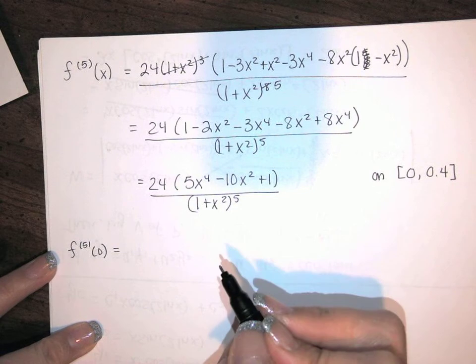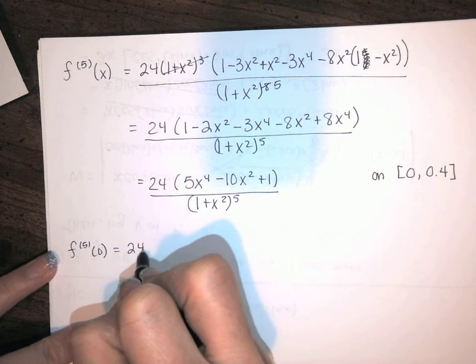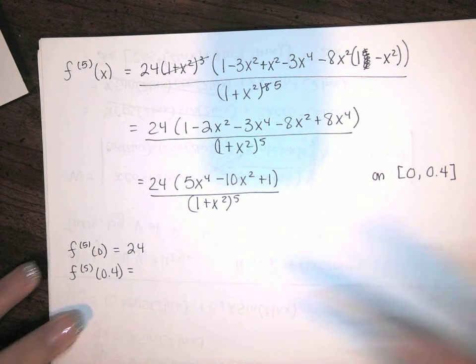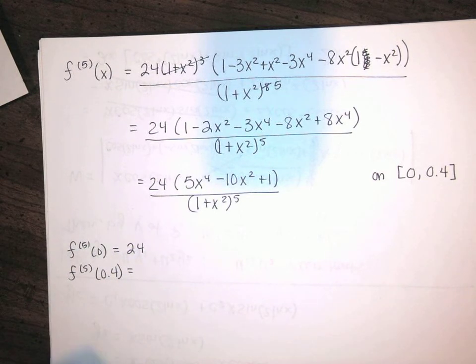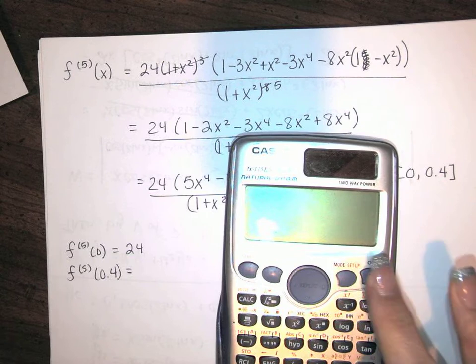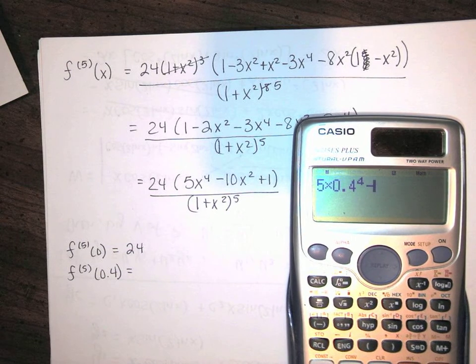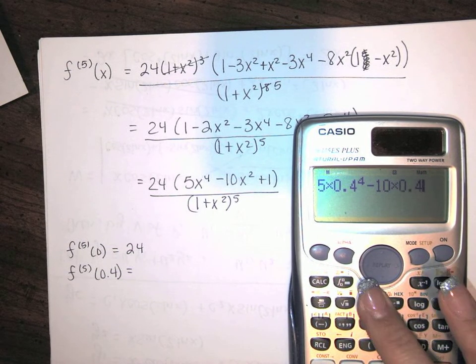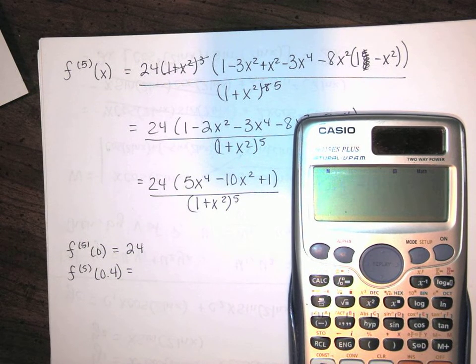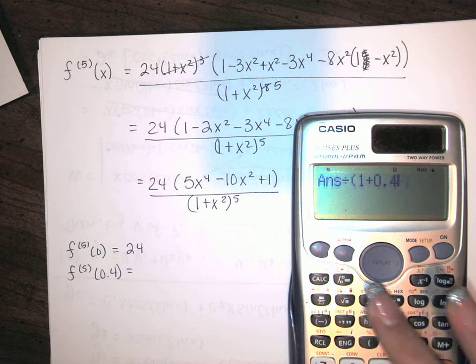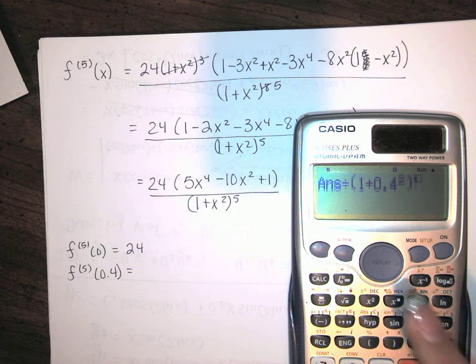At x equals 0, we get 24. At x equals 0.4, let's see what we get. So 5 times 0.4 to the 4th minus 10 times 0.4 squared plus 1 times 24 divided by (1 plus 0.4 squared) raised to that to the 5th.